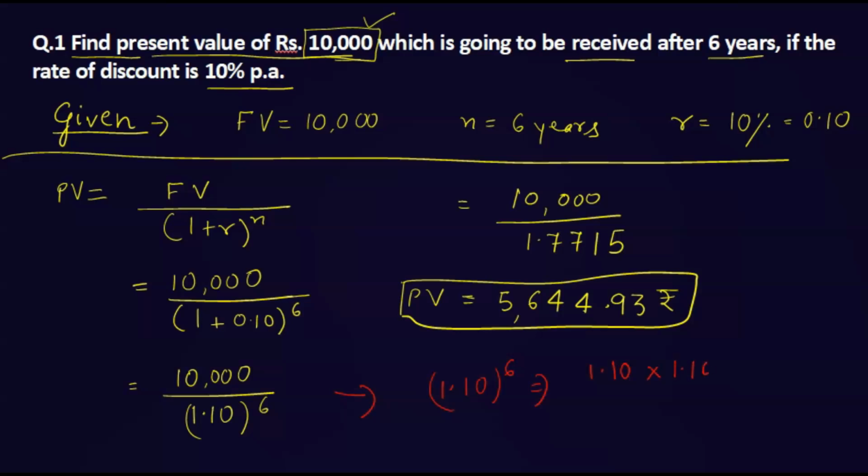So 1.10, then multiply 1.10, 1.10, 1.10, 1.10 and 1.10. That means you have to multiply the same number 6 times: 1, 2, 3, 4, 5, 6. Don't lose the count. So we have multiplied 6 times and got the present value. I think it's clear now how we can find the present value when future value is given.